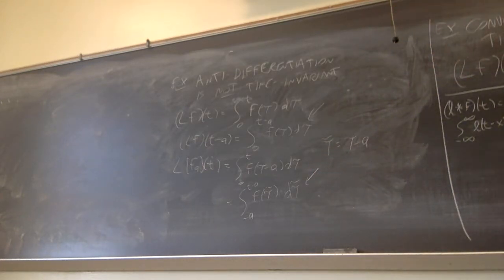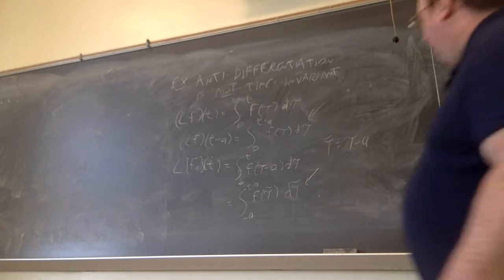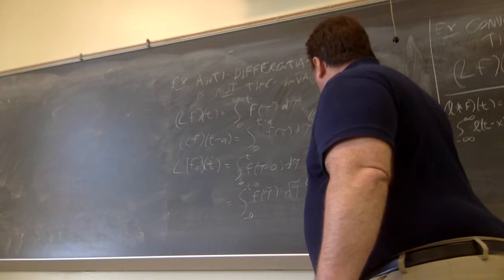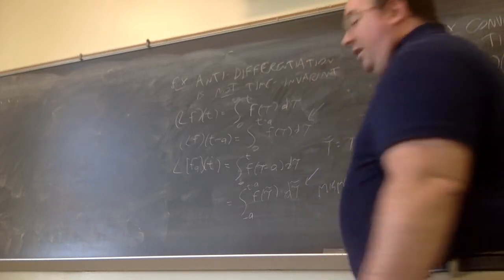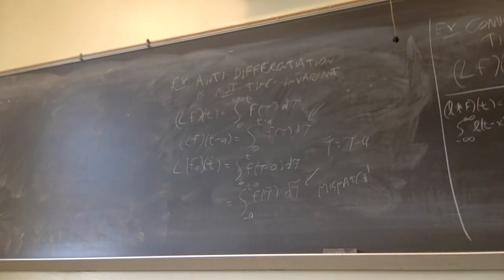That lower limit is different, minus a. Now, if we knew that f was 0 for negative arguments, then on those functions, the filter is time invariant. But otherwise, no. So these do not match. So the anti-differentiation filter is not time invariant. All right, so questions about this?